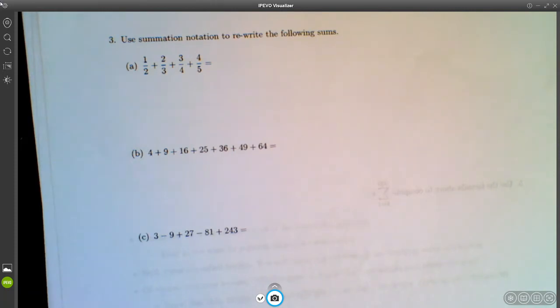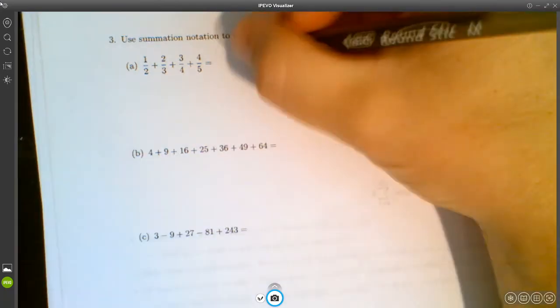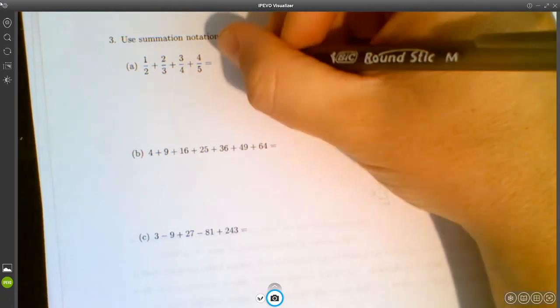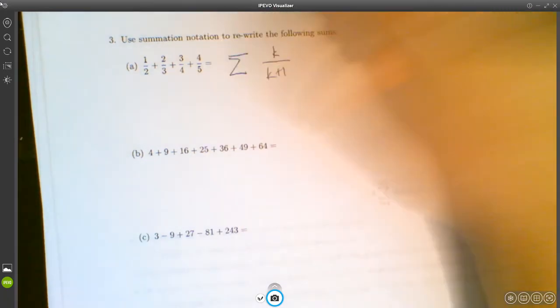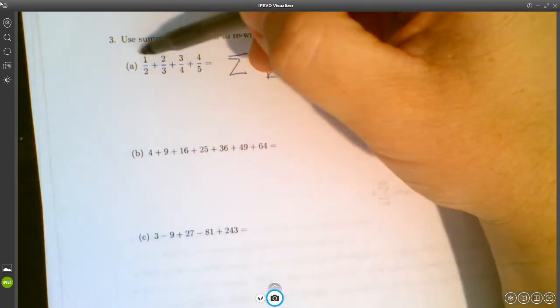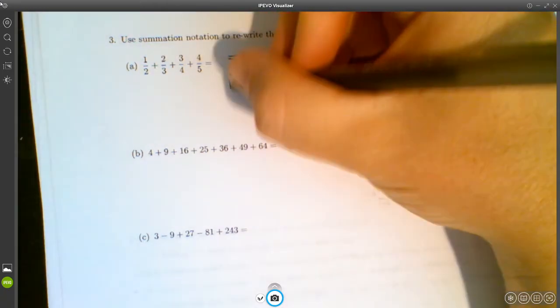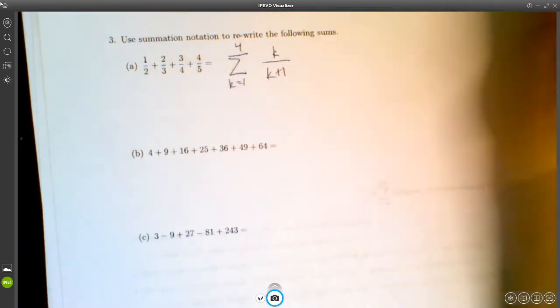So it seems like if we call the numerator k, then the denominator has to be k plus 1. So I'm thinking the rule is going to be k over k plus 1. And we want to add up a bunch of these things, starting with what? Well, we're going to start when k is 1, and we're going to end when k is 4. And there you go.